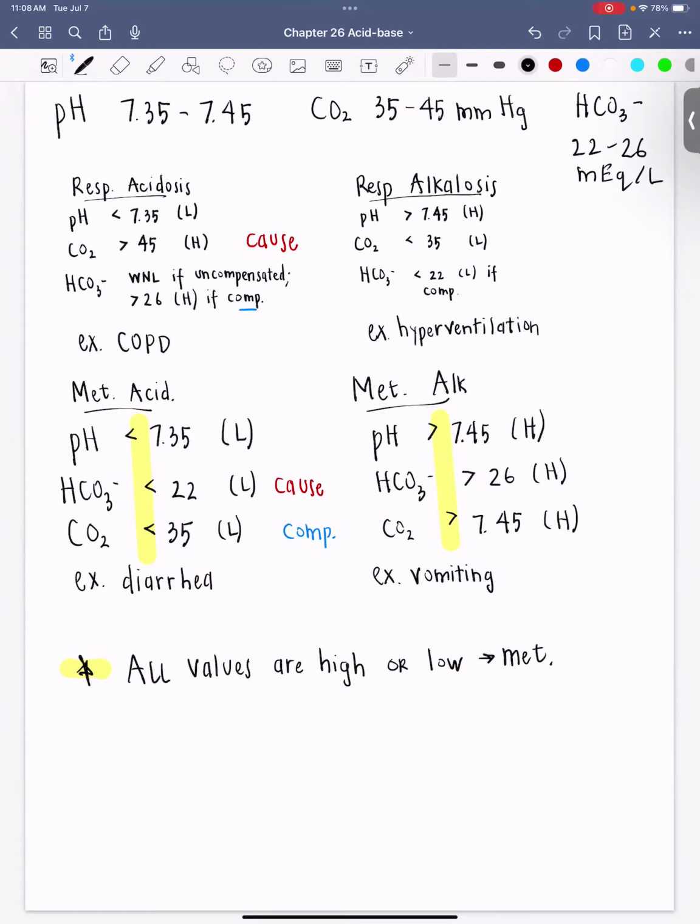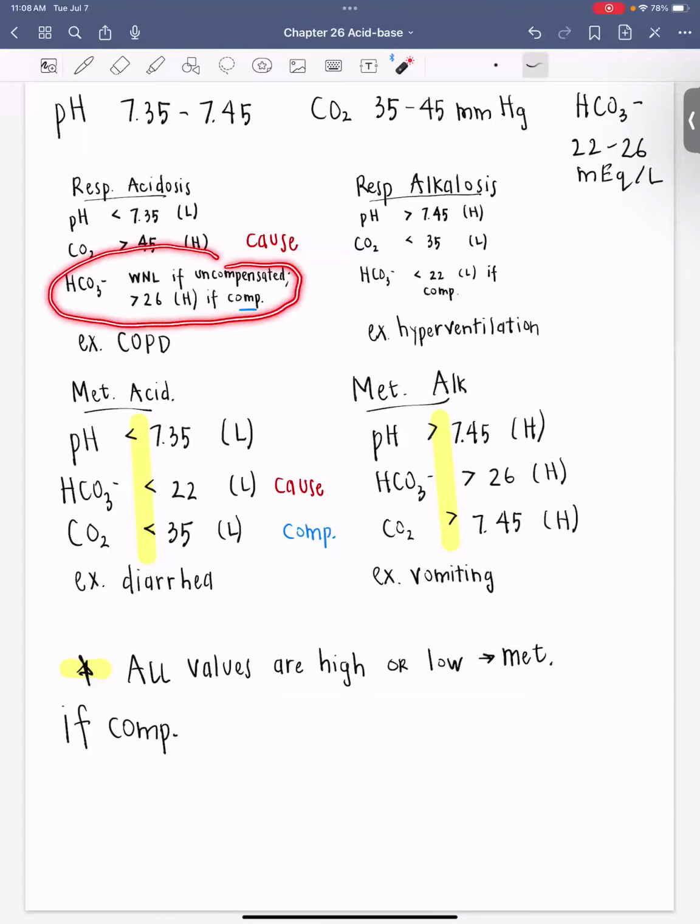Now, you might be asked whether or not the acid-base imbalance is being compensated. One way that you can tell, look up here again at the respiratory acidosis. We said the kidneys compensate for respiratory acid-base imbalances, acidosis and alkalosis, by reabsorbing or secreting bicarbonate. The bicarbonate is going to be within normal limits if the condition is not being compensated.